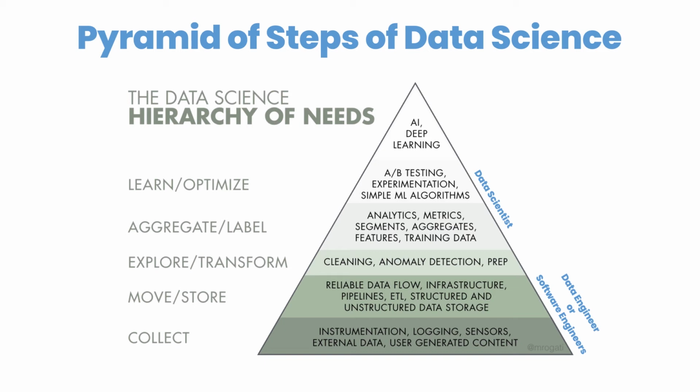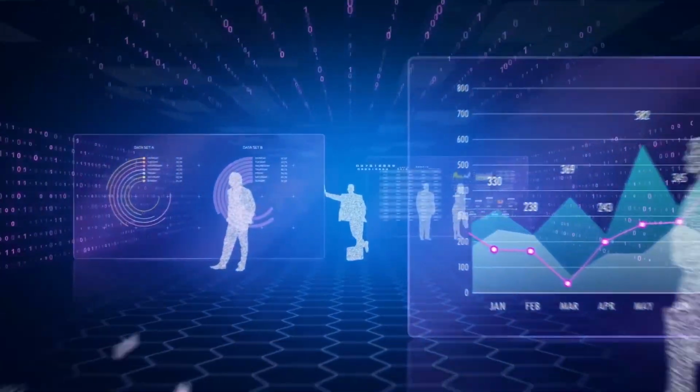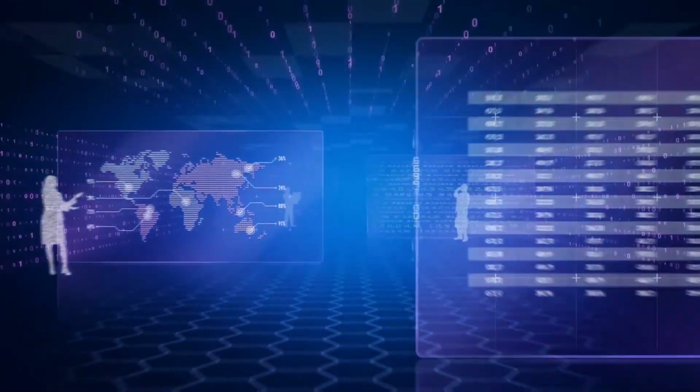And finally, the thing that is marketed as the basis of data science, which is AI and deep learning, is actually the job of a research scientist, backed by machine learning engineers. This whole top department is often known as the data scientist core. Well, that was all the details about data science and a true data scientist.